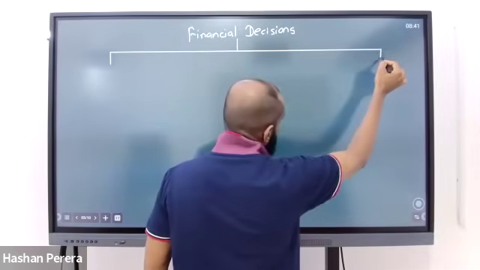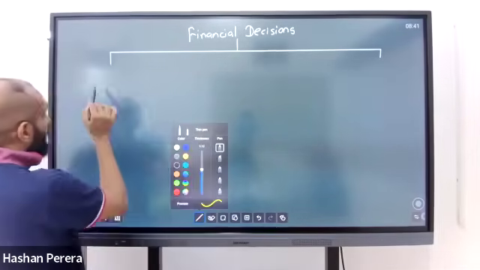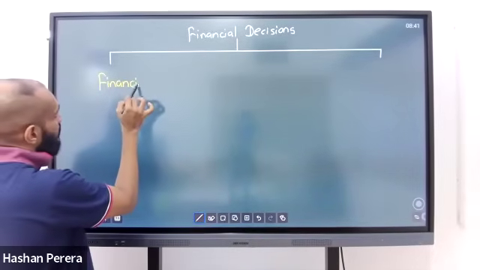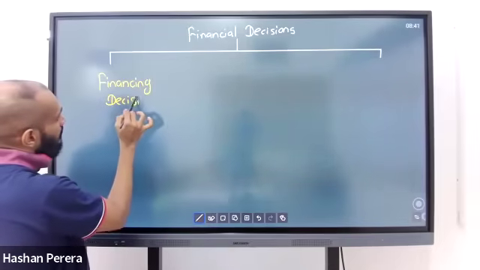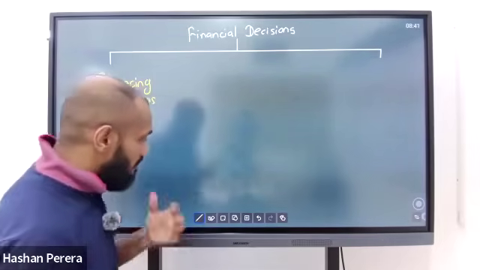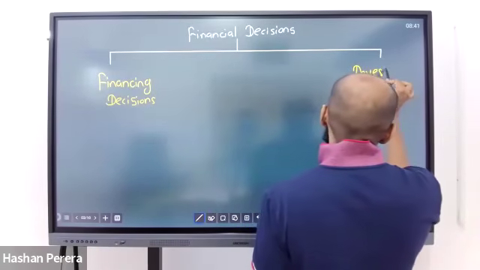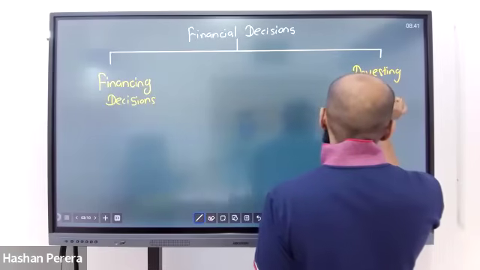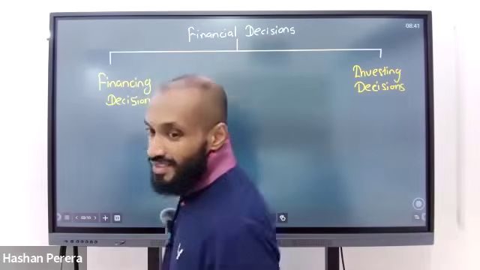Financing decisions and investing decisions. Investing decision or the investment decision, both are correct. So these are the two main kinds of financial decisions.